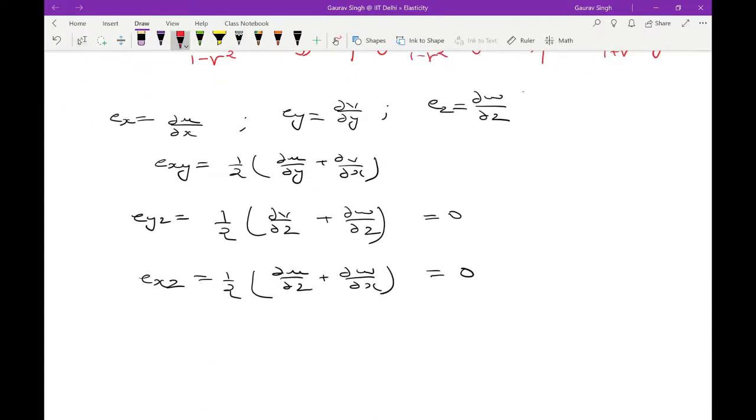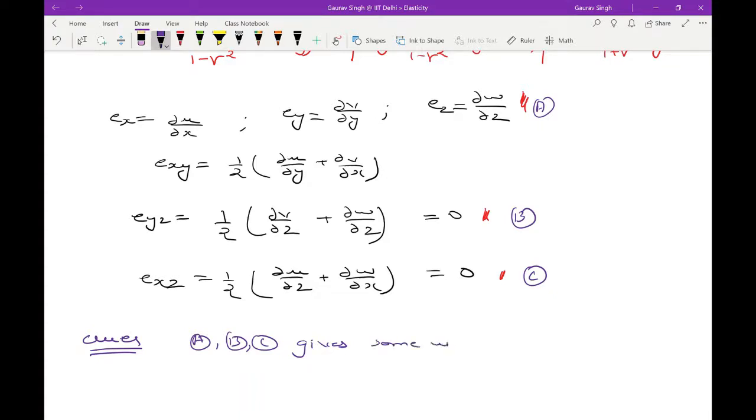Now if you look at this and this and this, it gives you some unwanted results, and this is also a question of your text. So A, B and C give some unwanted results. Let's see what they are.